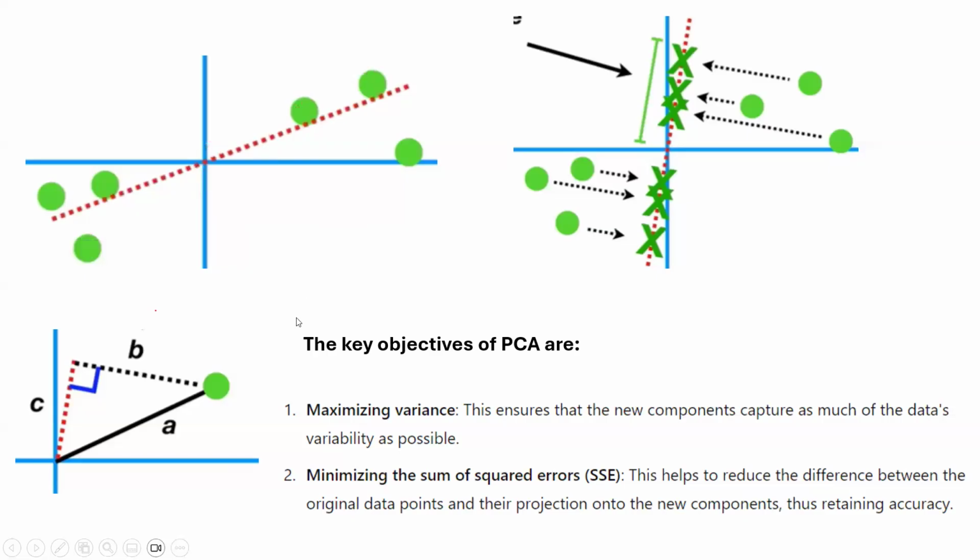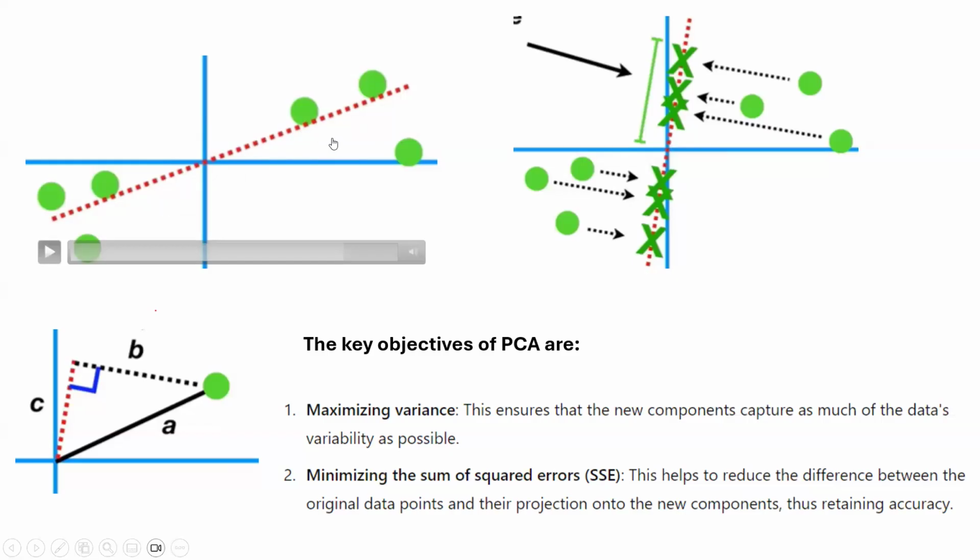Now, what principal component analysis will try to do is find out such lines. How it will do that, we will learn later. It will try to find out these lines, which we call principal components.